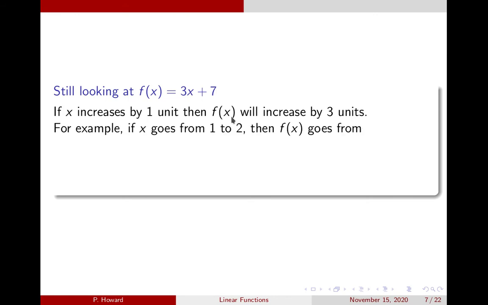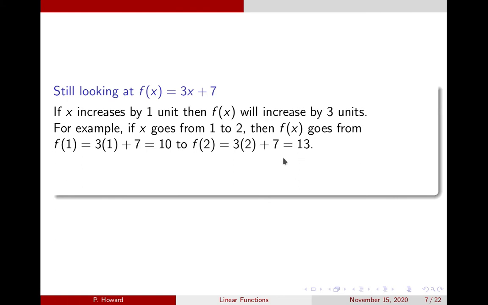For example, if x goes from 1 to 2, that's an increase of 1 unit. Then f of x will go from f of 1, which is 3 times 1 plus 7, or 10, to f of 2, which is 3 times 2 plus 7, or 13.